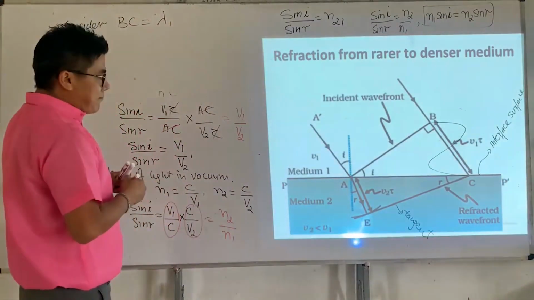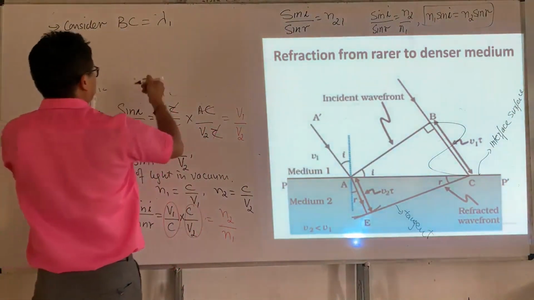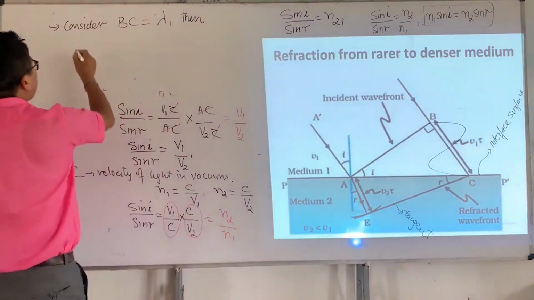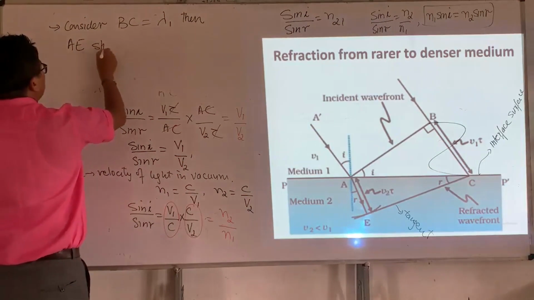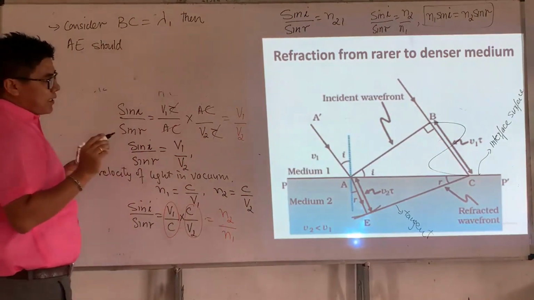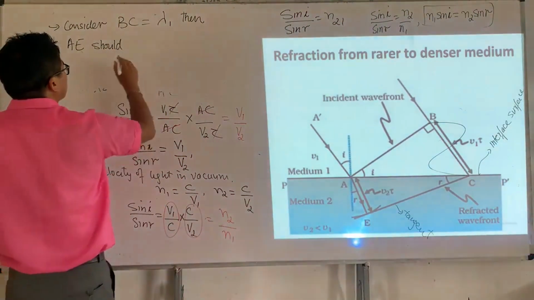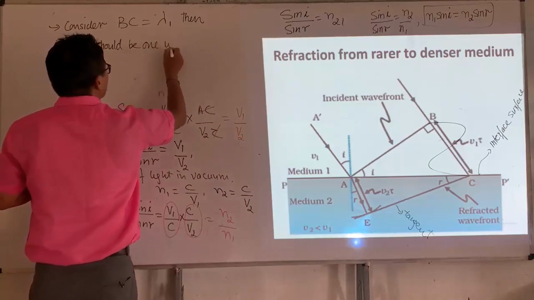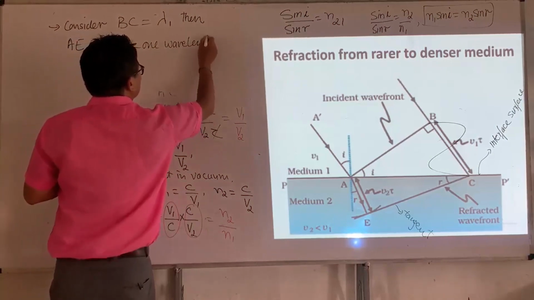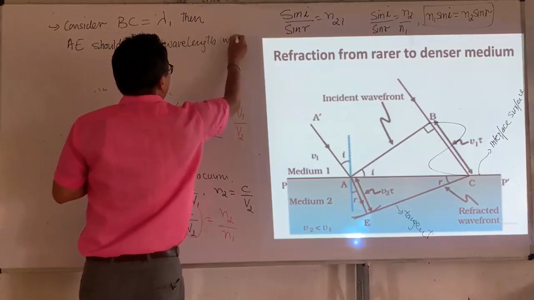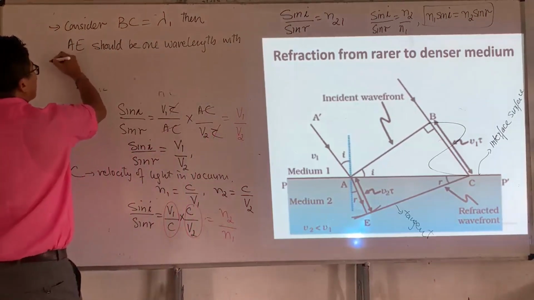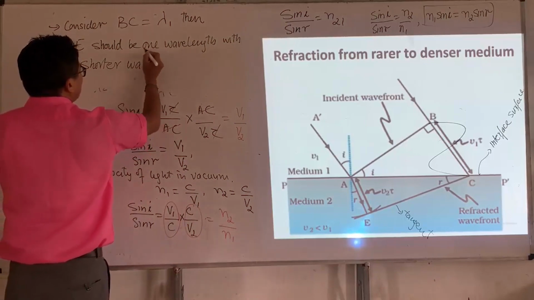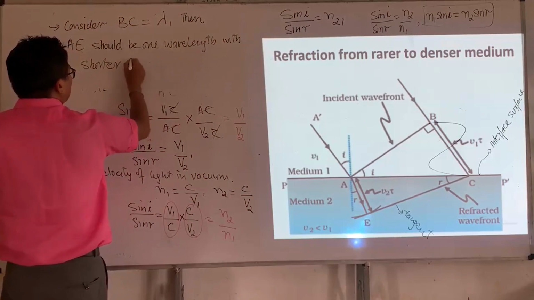That means AE should also be one wavelength, with a different, shorter wavelength.